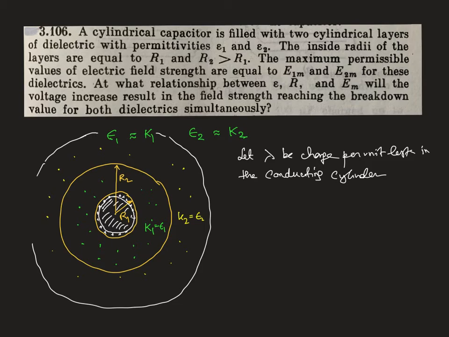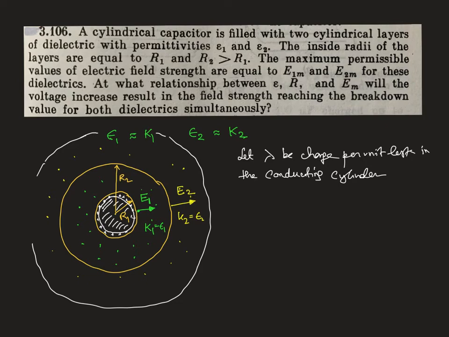So you have to find the maximum permissible values of the electric field strength, equal to E1m and E2m. Now where will be the field's maximum here? So in this K1 dielectric, the electric field is maximum here at the inner surface, E1, and for this outside dielectric the maximum field is E2.